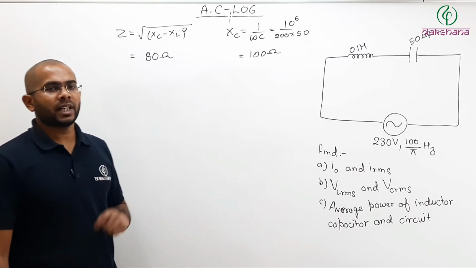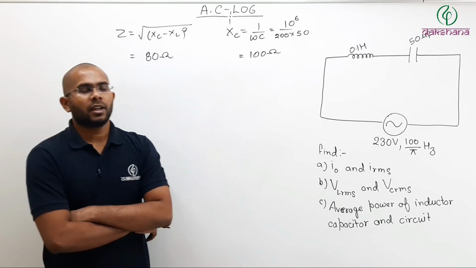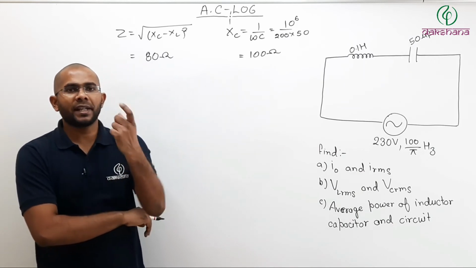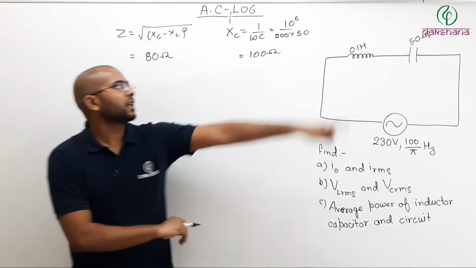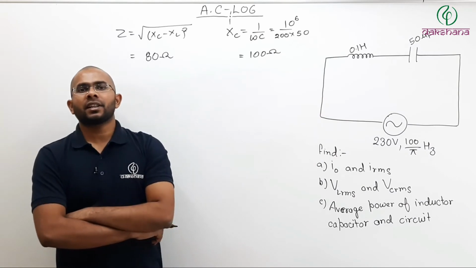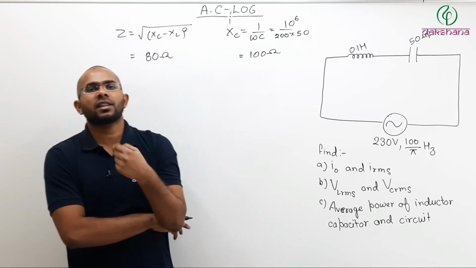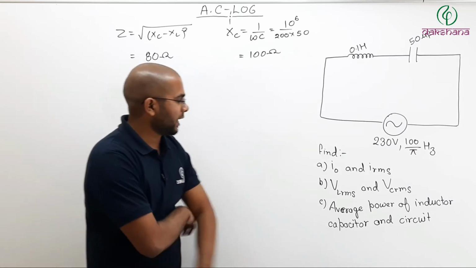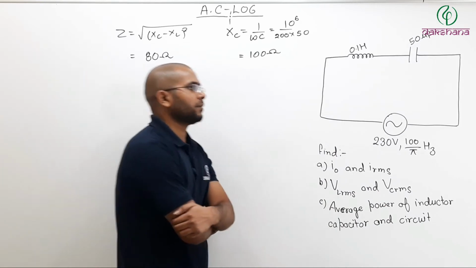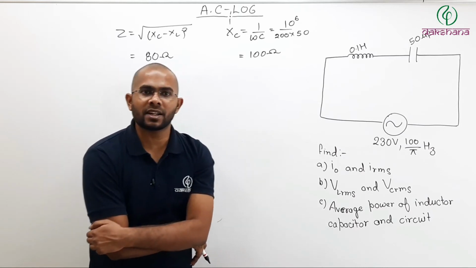Now, very simple: they are asking what is the average power of the inductor, capacitor and circuit. If you remember, we have already studied that in case of an ideal inductor, meaning there is no internal resistance in the inductor, there is no energy consumed or lost in the form of heat. So the average power of the inductor will be 0, meaning the inductor is not consuming any energy.